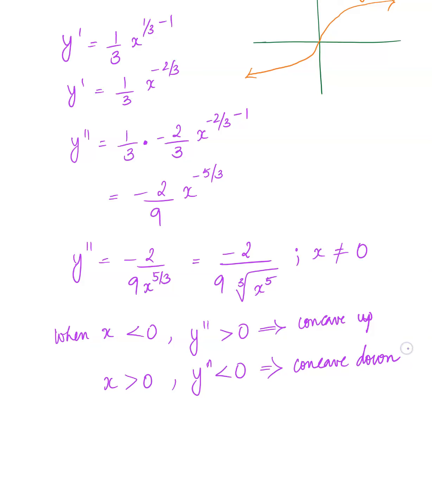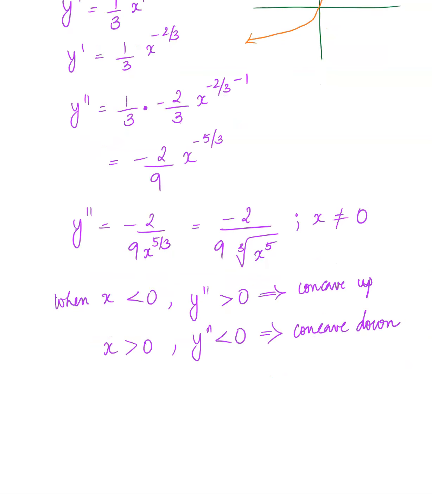So you do see that concavity changes at 0, where y double prime is undefined. I'll just say D and E. Y double prime does not exist, or fails to exist, at x equals 0, and the concavity changes.